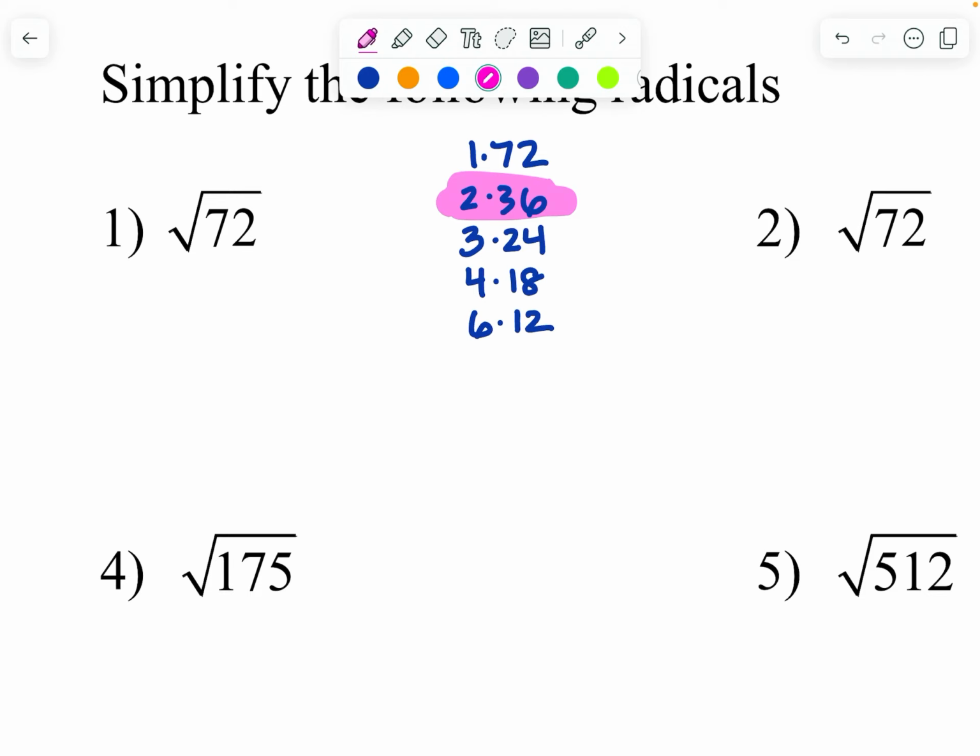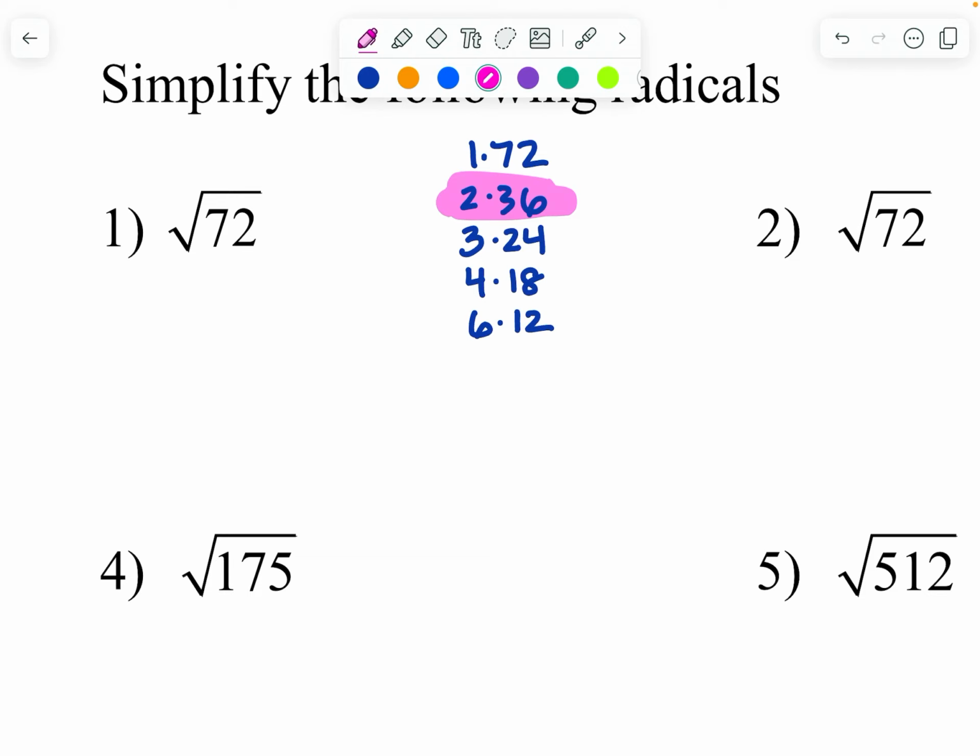The standard is to write that number out in front, and then I almost always close my radical so that I don't mistake what goes underneath. So that's method number 1. The problem with this one is if I give you a really huge number, you might have a really long list. So instead, let me show you method number 2, which I like the best.